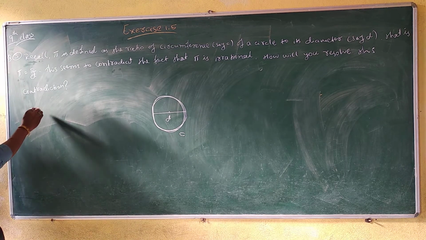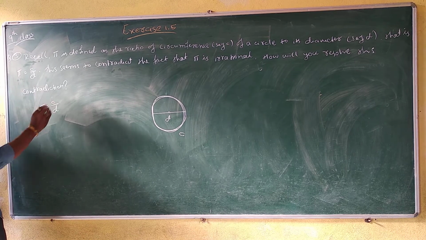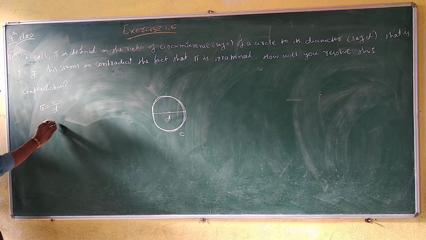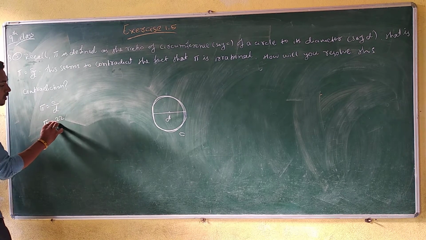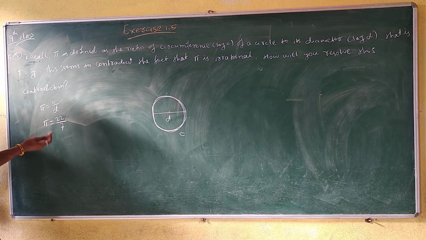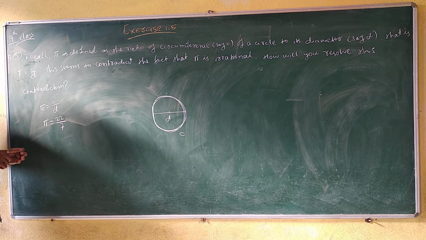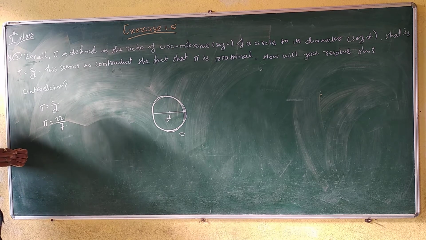Therefore pi is equal to c divided by d, and the value of pi is equal to 22 divided by 7. After solving 22 divided by 7, the quotient is a non-terminating, non-repeating decimal expansion.